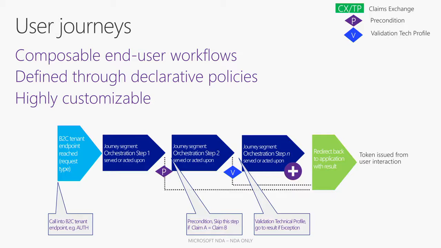A common condition is, for example, in the phone number scenario I was talking about earlier, once the phone number is verified by the user and it is looked up in a directory, a precondition could say if the user does not exist in the directory, create the account first and then move forward. So that is how preconditions are normally applied in the context of a B2C policy user journey.